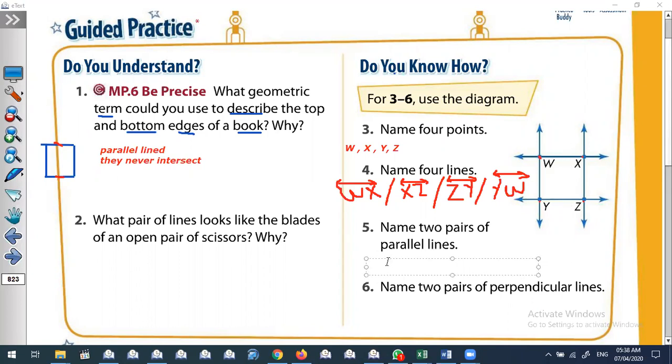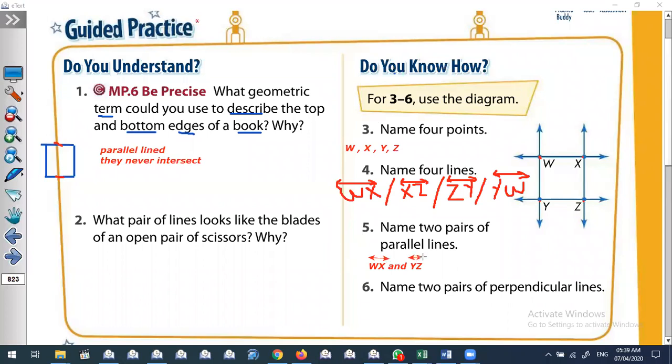So I can say WX and YZ. Here we have to put the line sign.